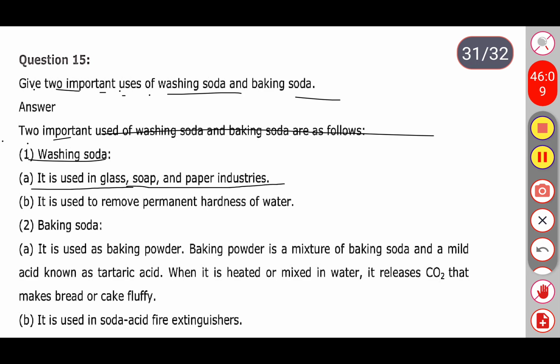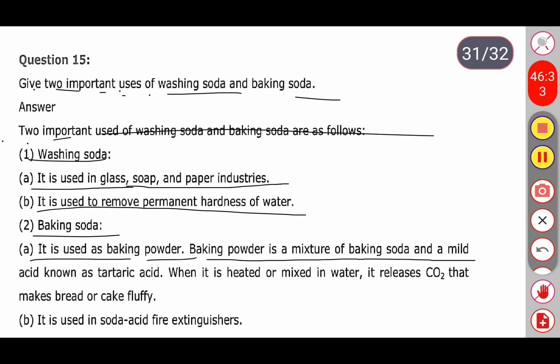Next one, baking soda. It is used as baking powder. Baking powder is a mixture of baking soda and a mild acid known as tartaric acid. When it is heated or mixed in water, it releases carbon dioxide that makes bread or cake fluffy.